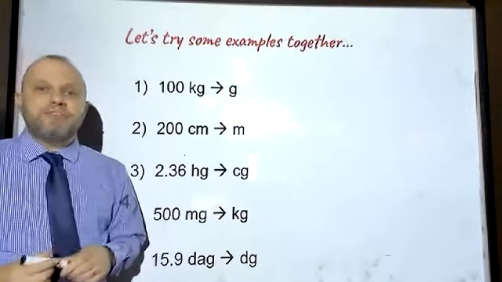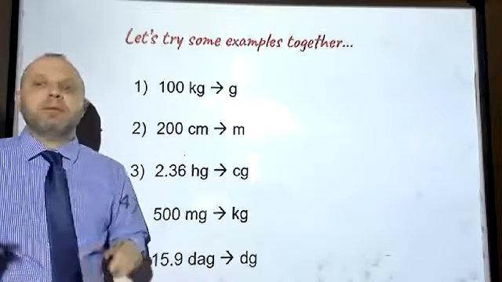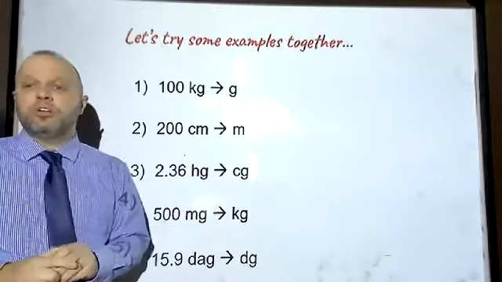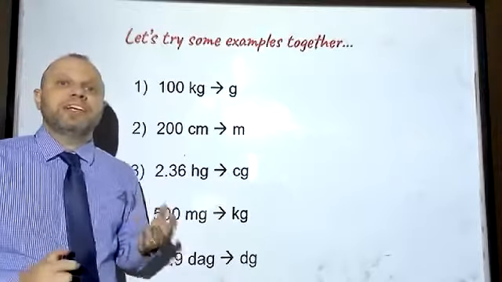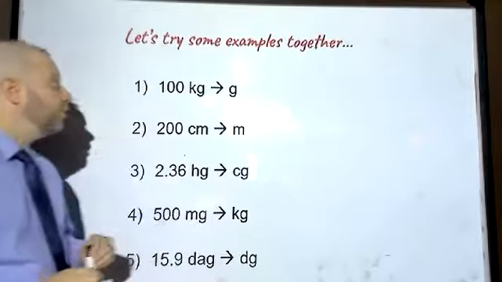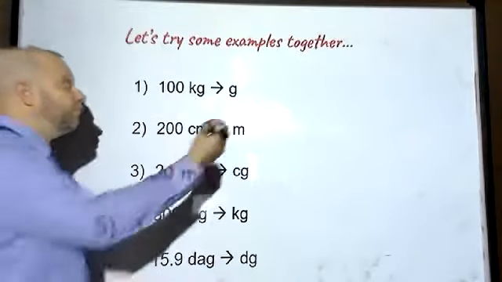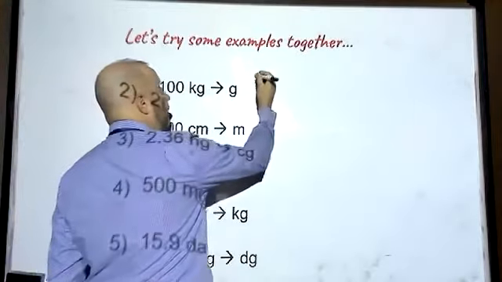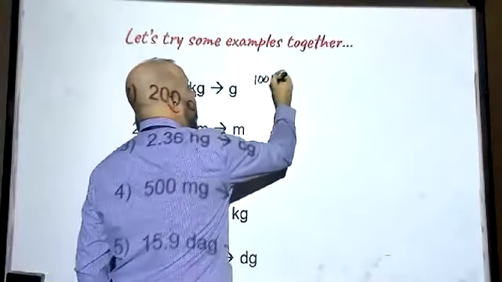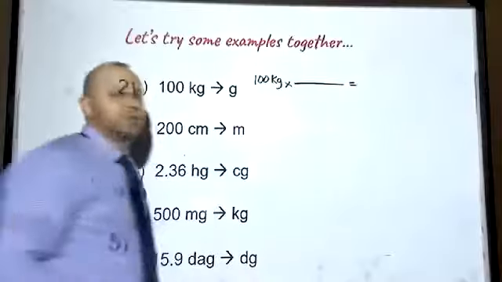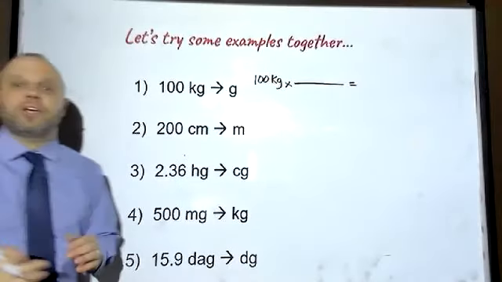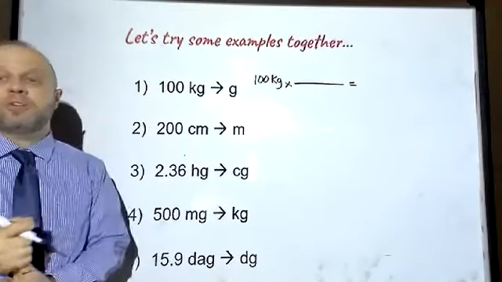Okay, so if we take a look at some of the problems here, we're going to look at how to set these up, and they're going to be set up very similar to what we did in the English measurement conversions. So you're always going to start with what you're given. In this case, I'm given 100 kilograms. Then we're going to do the same times and then a line, just like we were doing with our English units.